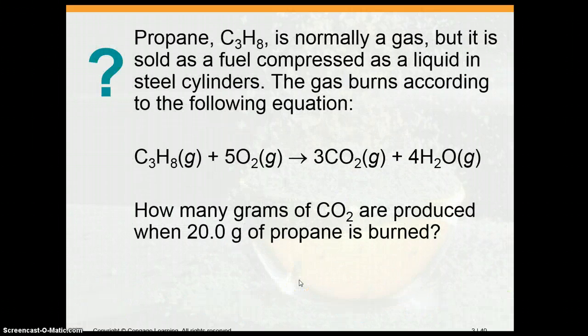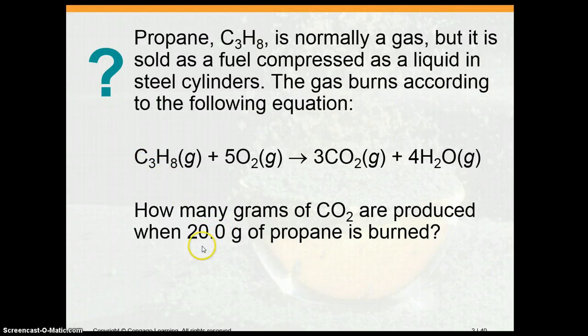For example, if I have this equation, I'm told that I have 20 grams of propane, and I want to know how much CO2 is formed. In the equation, I have a 1 as a coefficient of propane, which indicates I have 1 mole, and a 3 for CO2, which indicates I have 3 moles of CO2. That tells me that for every 1 mole of propane, I get 3 of CO2.